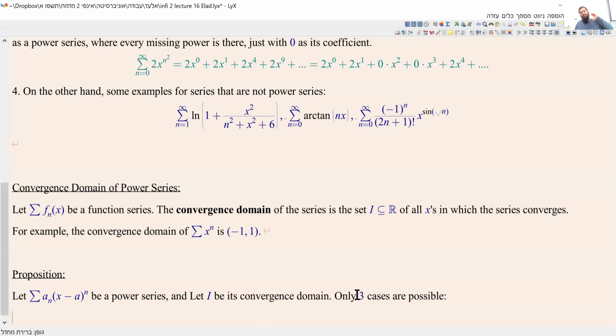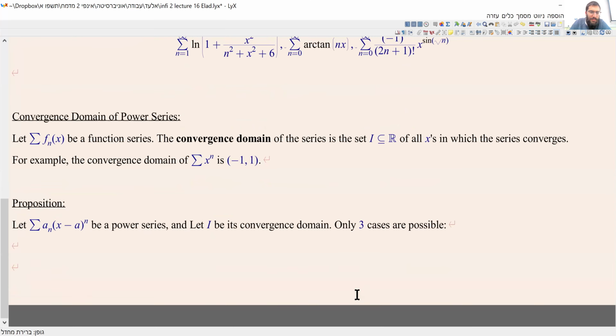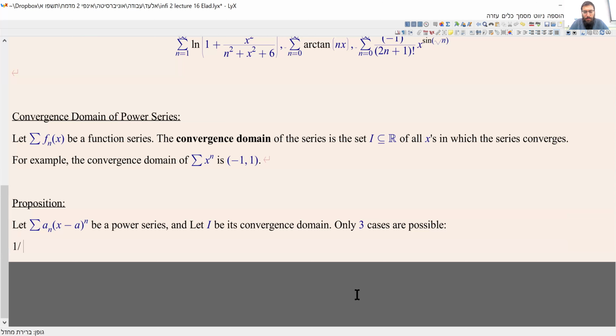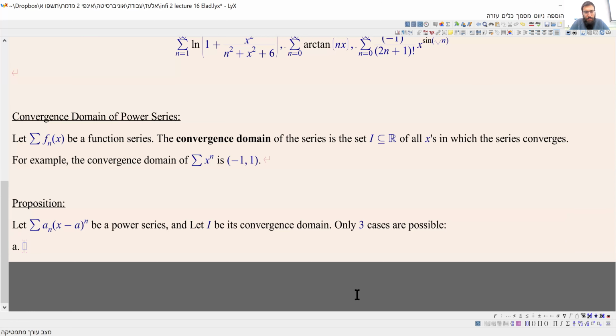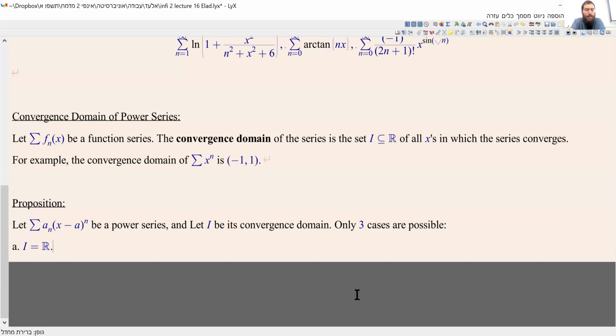And in hindsight, we will see that it's actually only one case. They're all the same. First of all, it can be that the series converges for every x. The convergence domain is all R.